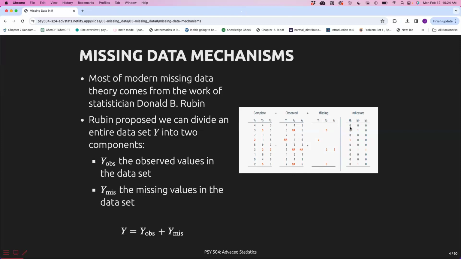And usually what we'll say is 0 means that it's a complete case or an observed value, and a 1 means that it's missing. What our jobs are as statisticians, as researchers, is to determine why the data is missing. So why do we have 1s in our data set? And that's what I love about statistics, because we can act as a detective and try to figure out why these things are missing. That's essentially what our job is.